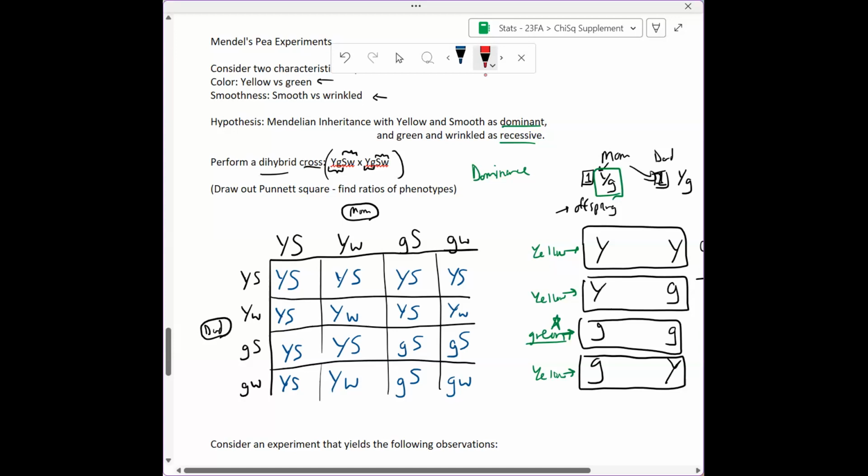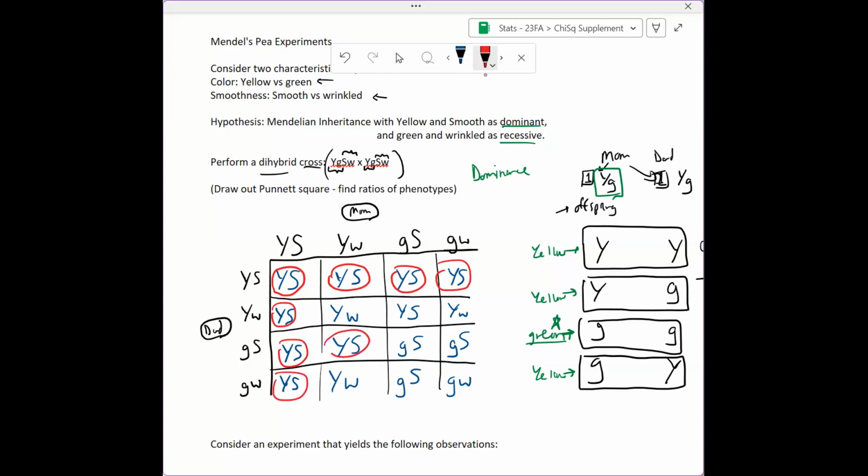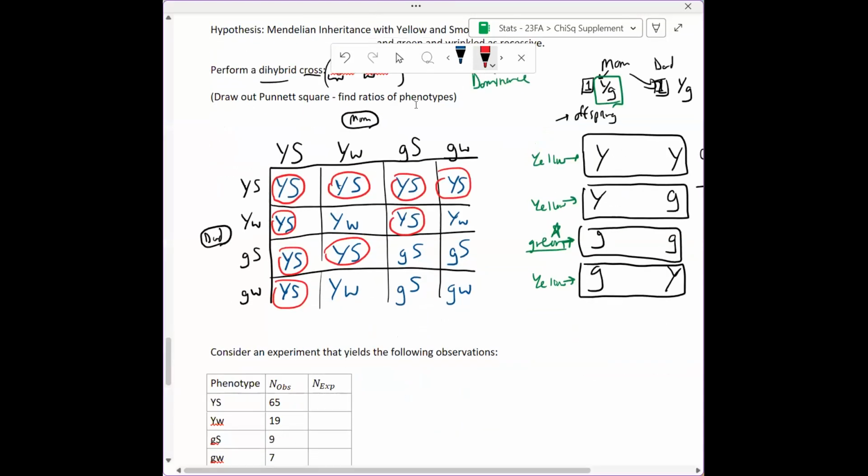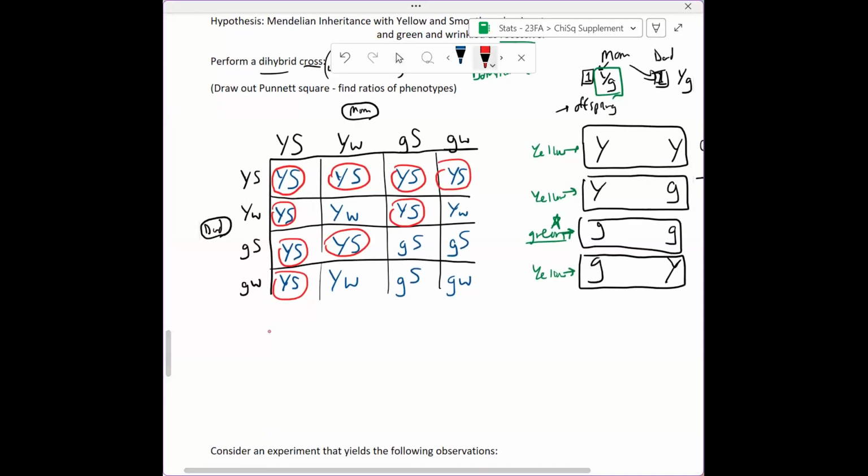Okay, so we see a lot of yellow smooths, so let me circle those. So these are all yellow smooth phenotype. Let me get myself a little more room down here. So I see 9 of these boxes that are yellow smooth.